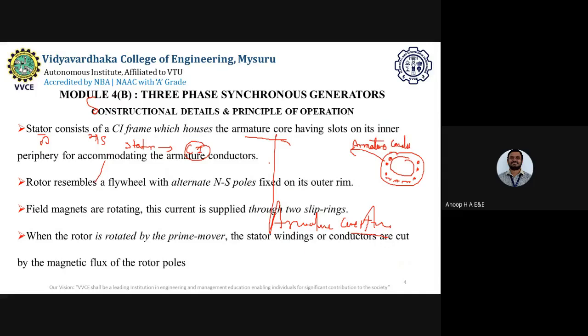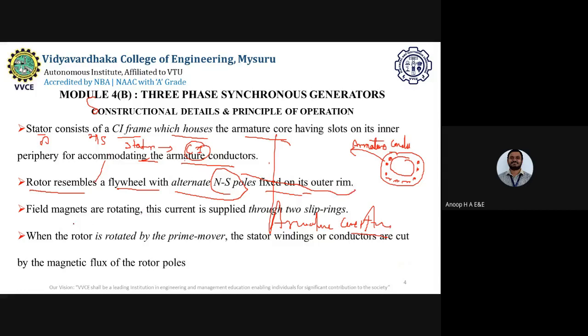Once this construction is done with a cast iron frame, it houses the armature core, with slots in the inner periphery for accommodating the armature conductors. Now, when I come to the rotor, it resembles a flywheel with alternate north and south poles fixed on its outer rim.